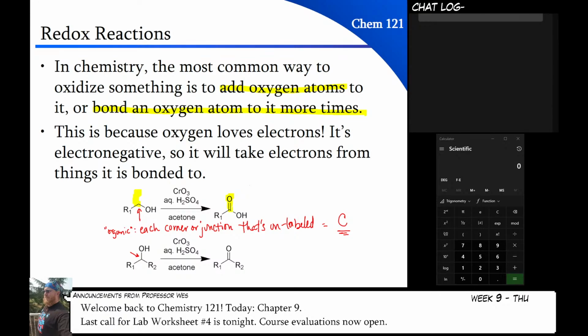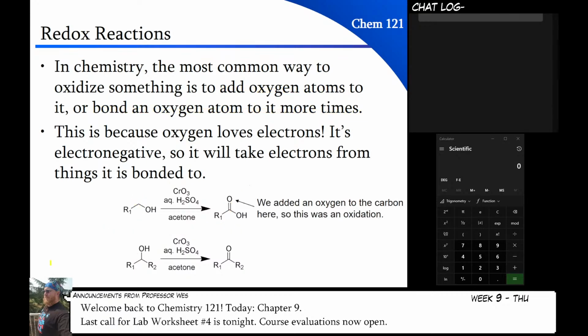So on the board, I have highlighted in yellow here. On that carbon, there's just hydrogen on the left. But on the right, I've got my oxygen bonded twice to the carbon. I have gained an oxygen, so we would say that that's an oxidation. On the bottom, I have one bond to an oxygen, and then after the reaction is done, I now have two.